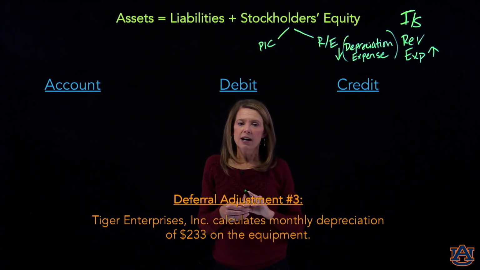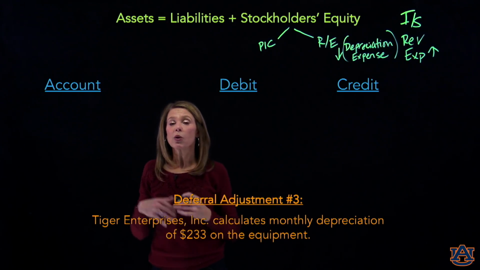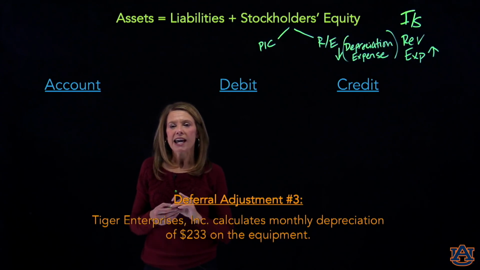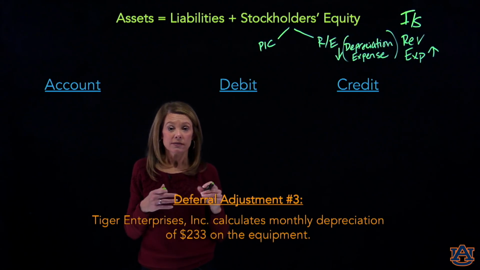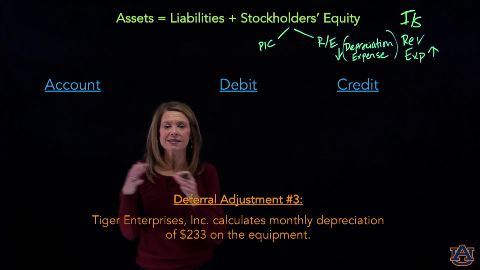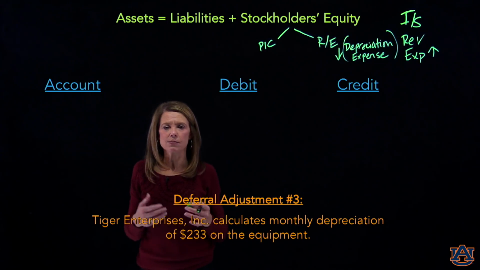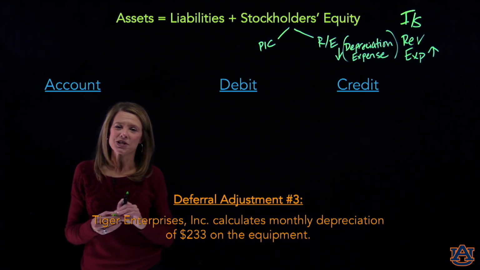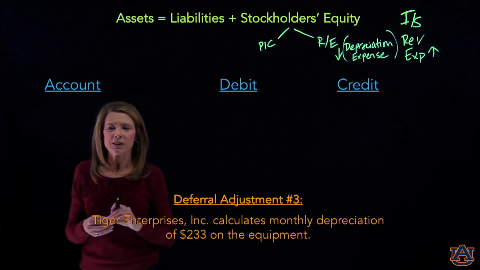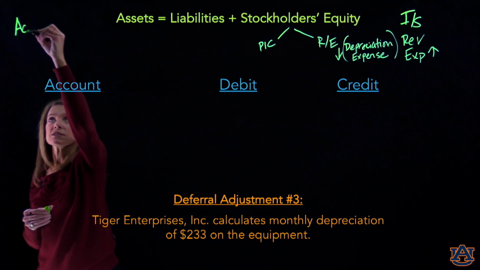But again, what's special about our fixed assets, on the balance sheet, we record those fixed assets at cost, and we use an account called a contra asset. A contra anything goes against another account. It is subtracted. By nature, it is subtracted by another account. The contra account that we use for depreciation and for our property, plant, and equipment is called accumulated depreciation.